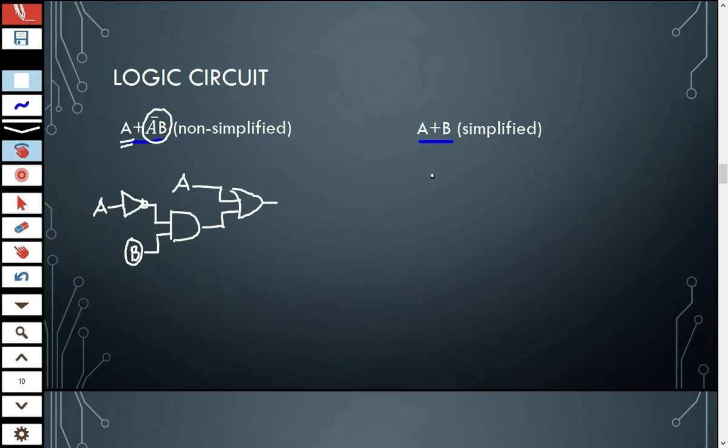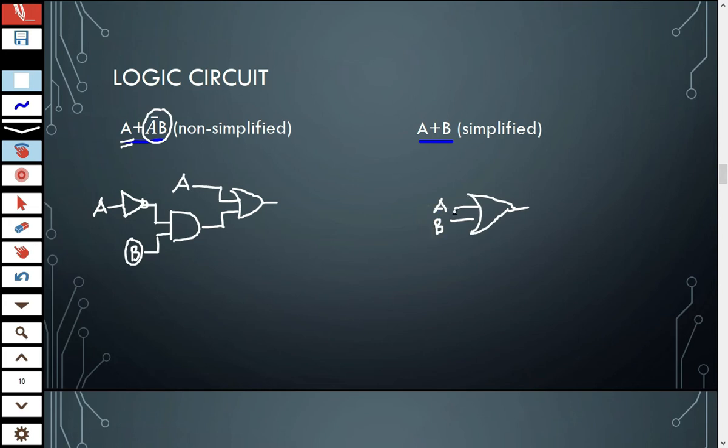Now let's write the logic circuit for the simplified expression. And let's identify the difference between these two logic circuits. So we have only one operator, that is the OR. So we write here, and then the input A and B.